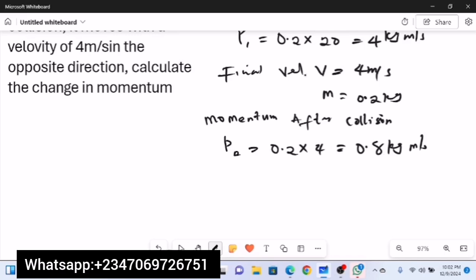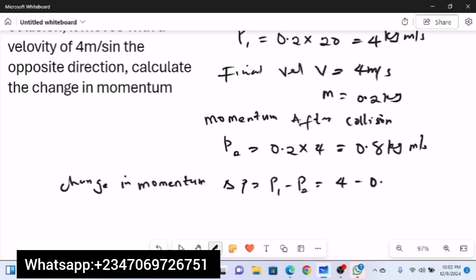Therefore, change in momentum delta P is simply going to be P1 minus P2, which is 4 minus 0.8.